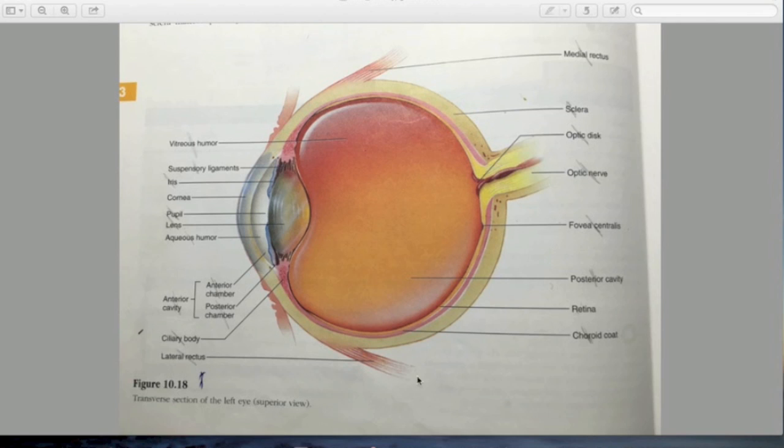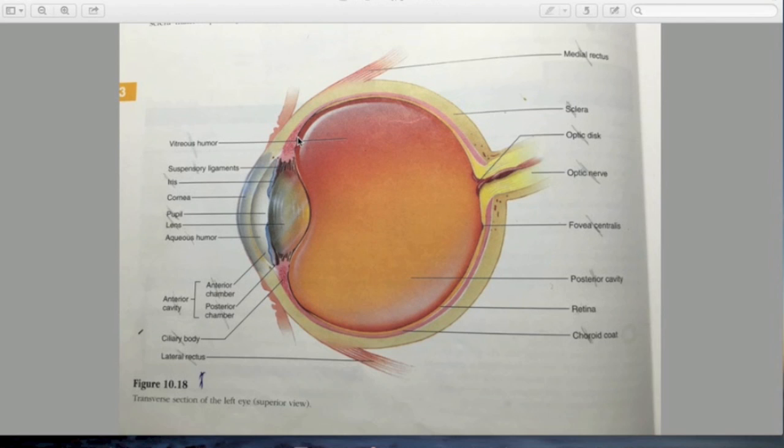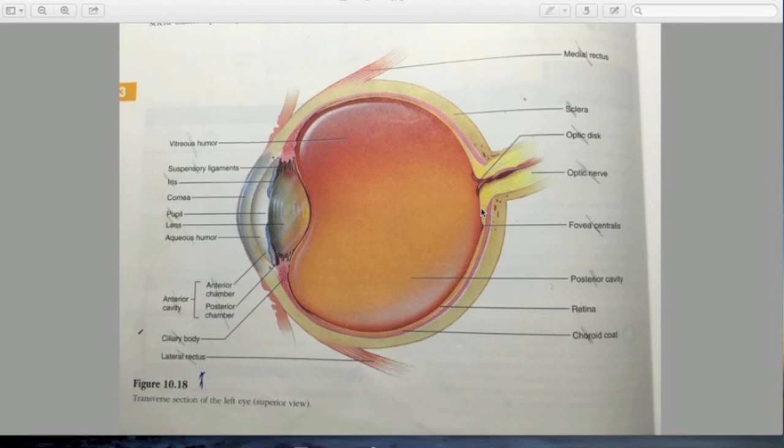And moving on to the middle tunic, it includes the choroid, which is this part. It is loosely joined to the sclera and it is filled with blood vessels, and it also contains many pigments. The melanin of the melanocytes produces and absorbs excess light and helps to keep the inside of the eye dark.